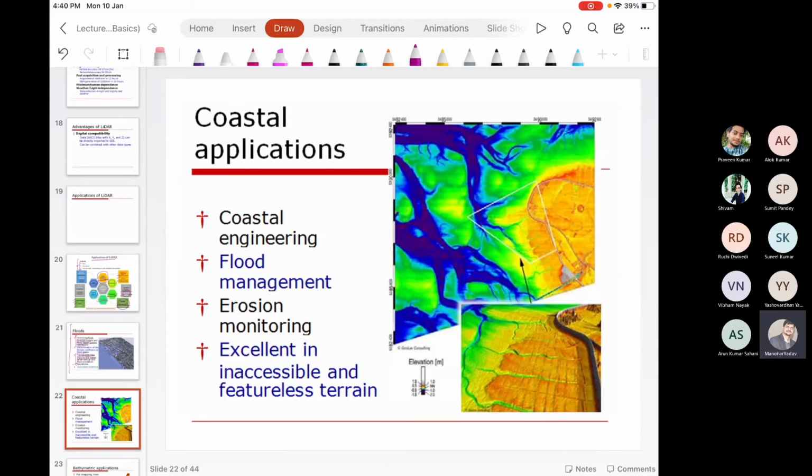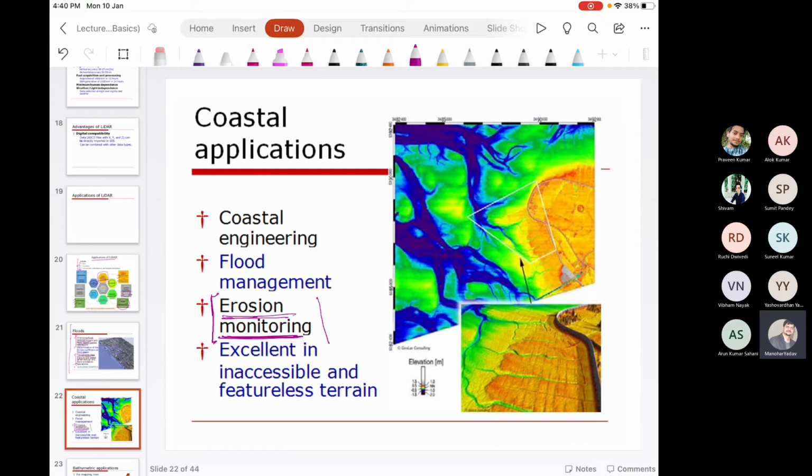Then we use the LiDAR for coastal applications in coastal engineering, flood management, erosion monitoring. How can it be done? By using a LiDAR, you can generate an actual mathematical surface. If, let's say, erosion takes place during a certain period of time, then again you do the LiDAR mapping and you generate a mathematical surface at that time.